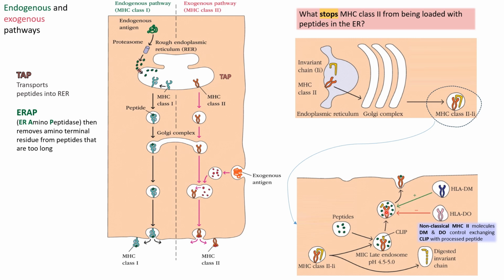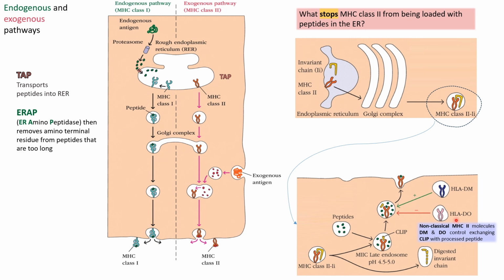Then that small piece, as this vesicle matures, actually gets released, and it has a low affinity now for the binding groove after the other part of the chain gets digested, and that makes it easy for it to be displaced and for peptide to be put there in its place. So that's how we don't get any peptide binding early on. We have this invariant chain which closes up the binding groove until we get to this stage here.